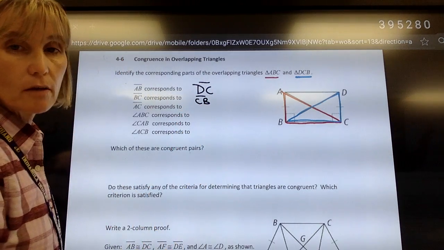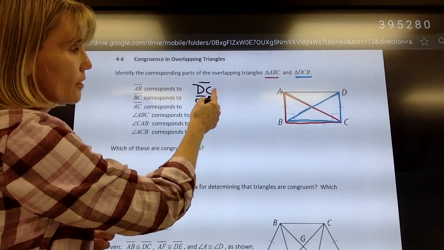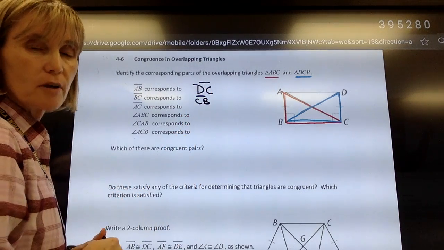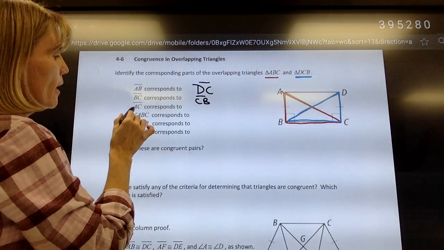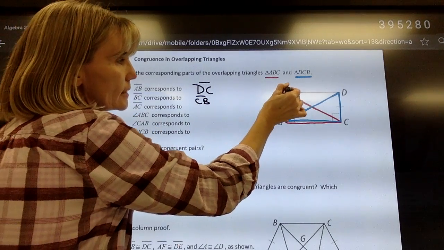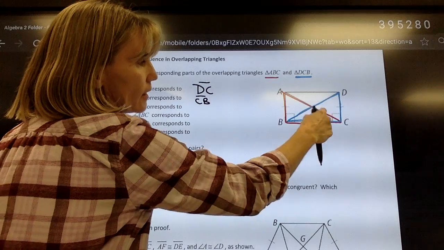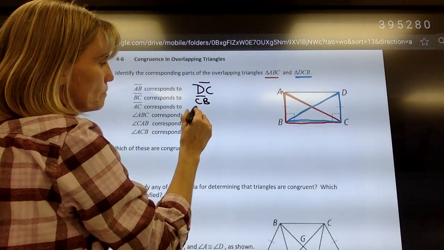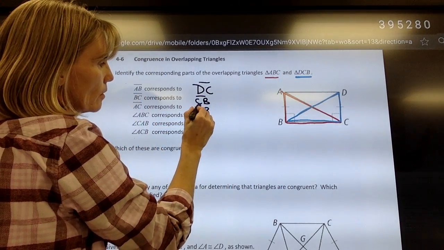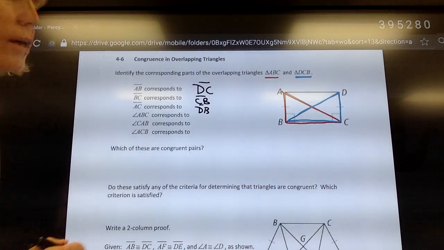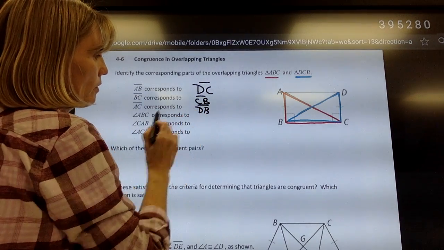You can always change these letters around, and you're still talking about the same segment. And segment AC, this hypotenuse right here, if I flip it over, would line up with DB. Those are the segments that would line up with each other.